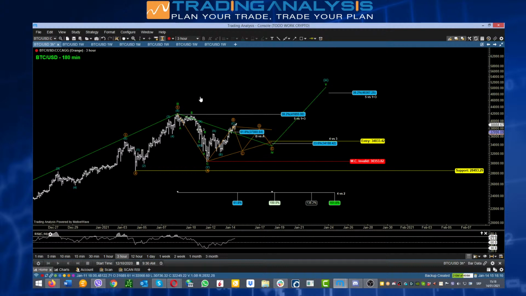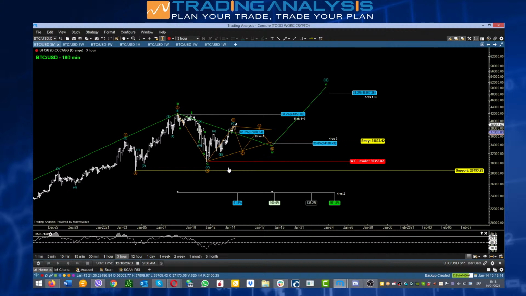For example, in this case, because you have several correcting patterns which differently express the psychology of buyers and sellers, knowing them and knowing the ins and outs of these corrections by heart, we were able to have a little bit of an edge on where they might stop and how they can develop.